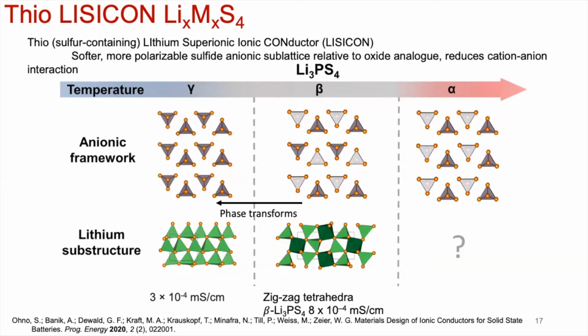So basically, you're saying, can I revisit all the compounds that I dismissed before because I thought they were going to have low ionic conductivity, and find a way to synthesize and stabilize high temperature phases at lower temperature to then increase ionic conductivity that way? The answer is yes.